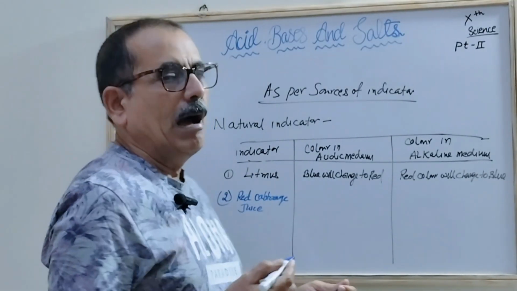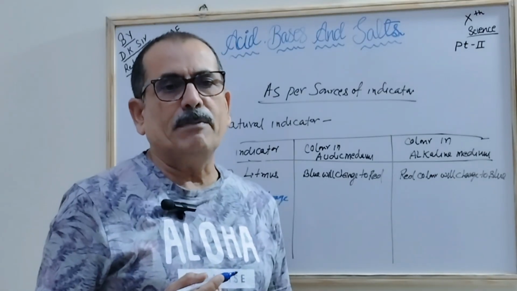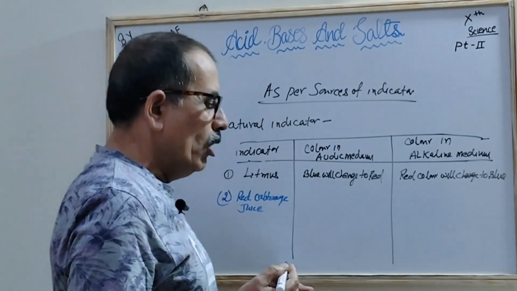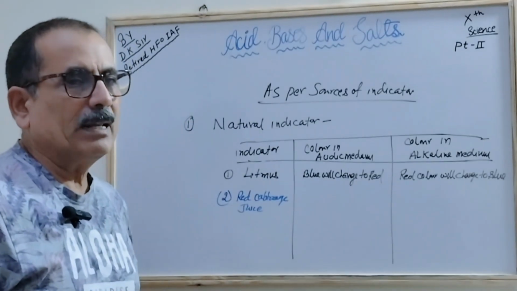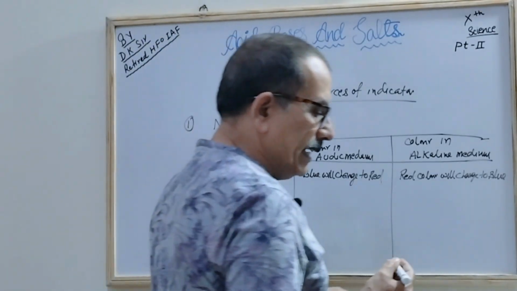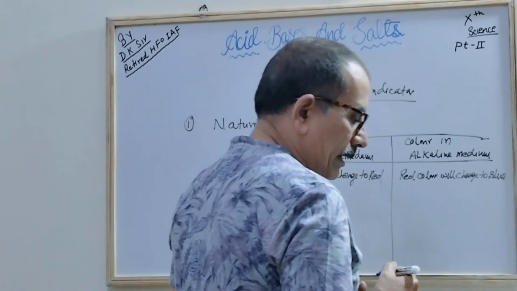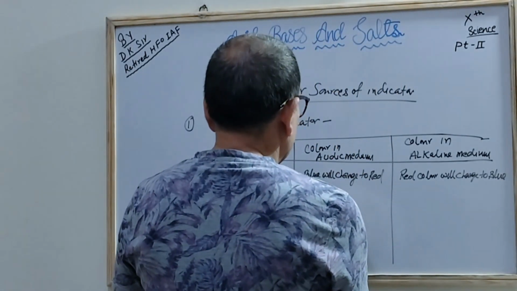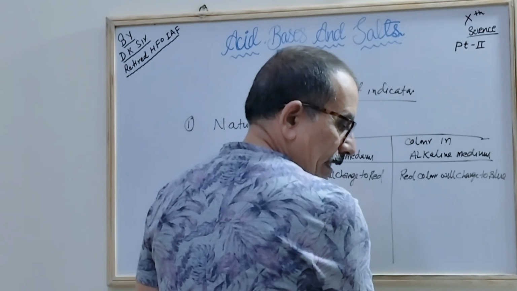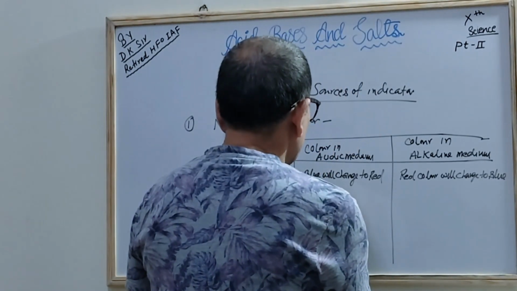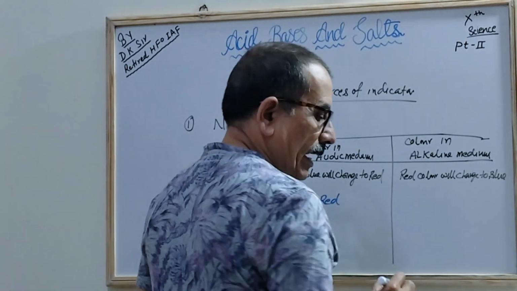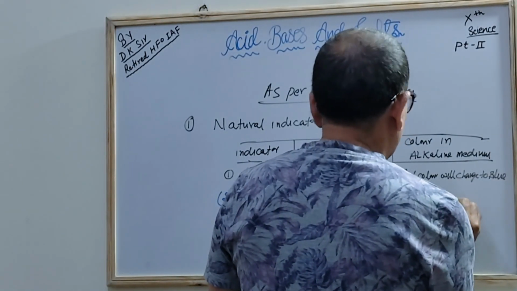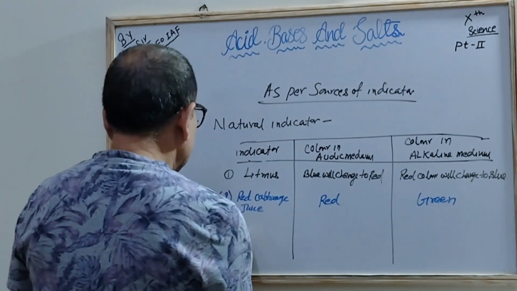In Hindi, we call it patta gobhi. Cabbage is called patta gobhi. The one which is red in color, you can squeeze it and extract the juice. This is also used as an indicator. Correct? So in acid it will convert into red. Correct? Here you will find that it becomes red, whereas in alkaline it will change into green. Correct?